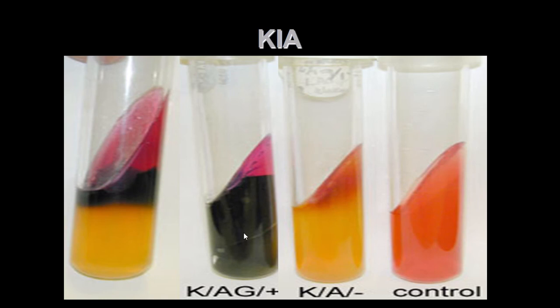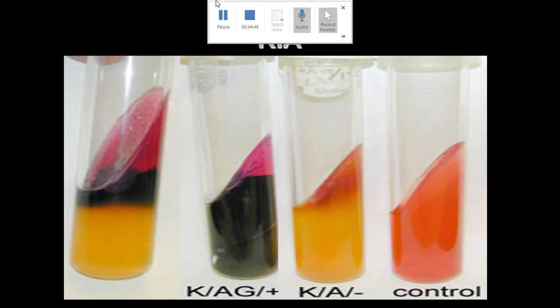This is really very important to know in the reading process. The slant is the first reading, the second is for the butt. Black, H2S. Gas, bubbles, H2S usually, and it gives you lots of information, the TSI tube.